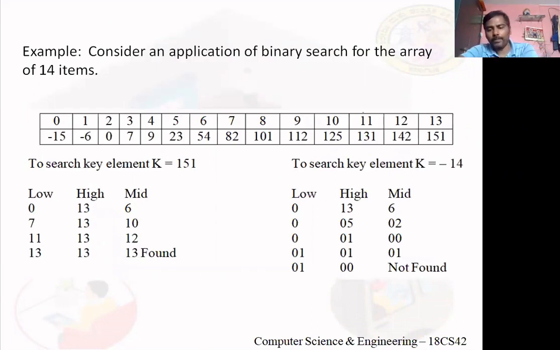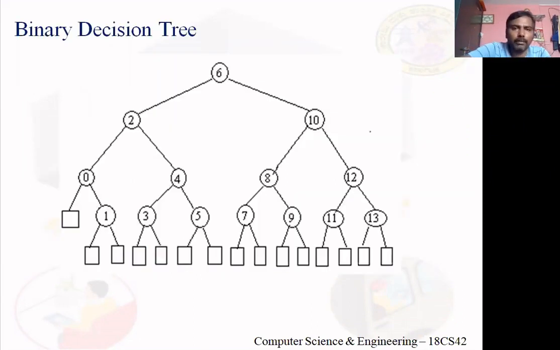Now come to this binary decision tree and traverse from the root to the node where you encounter 8. I need to traverse from 6, through 10, and then I will come to 8. So, 3 comparisons. Got it? So to locate an element at index 8, there are 3 comparisons.